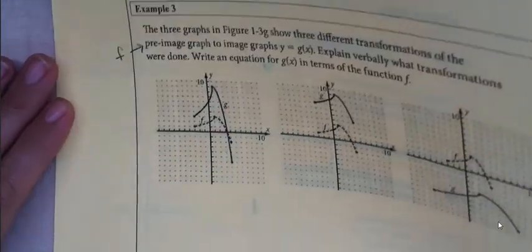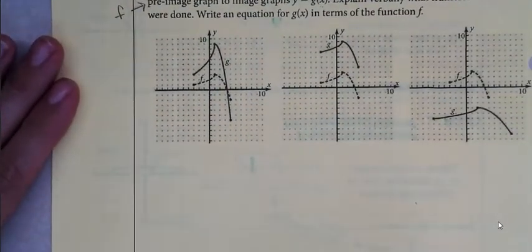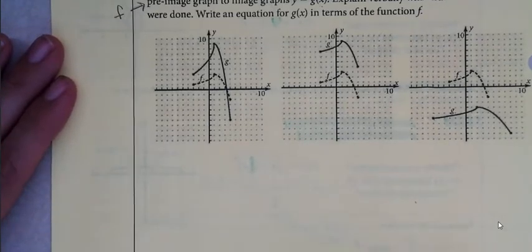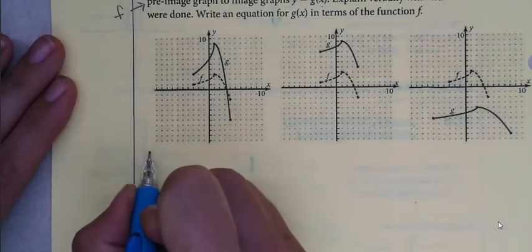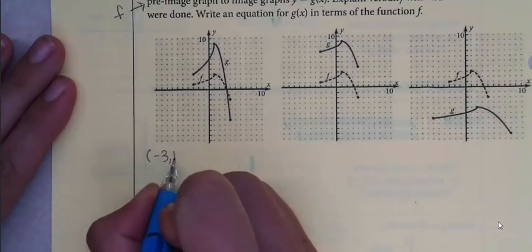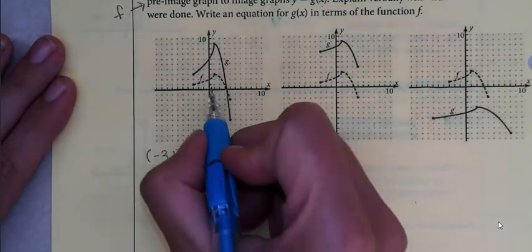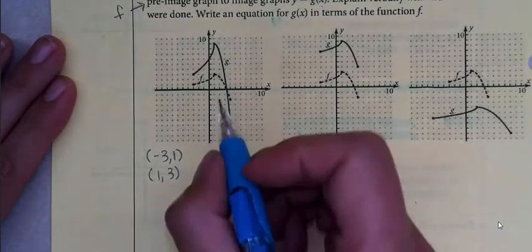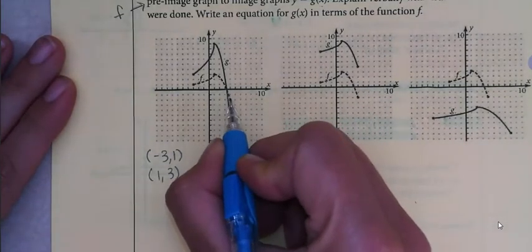Okay, so for the first graph, I find that the easiest way to do this is to take my really obvious points and see what's changing. So I'm going to list out my points. My original pre-image points are -3, 1; 1, 3; and 4, -2.